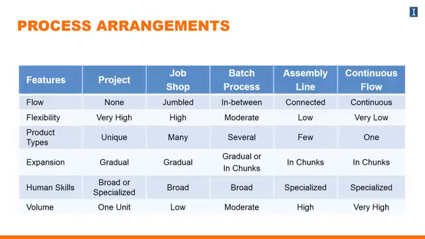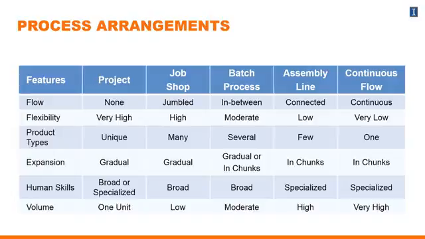Second aspect, flexibility. We talked about this a little bit earlier, and in terms of projects, you're going to have very high flexibility. You're going to be able to arrange that wedding for that particular customer based on different idiosyncrasies that they might have about how they want certain things to be done. And that's going to be easier for you in a project.